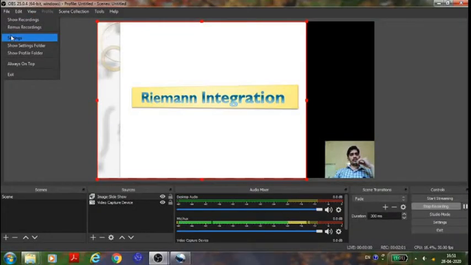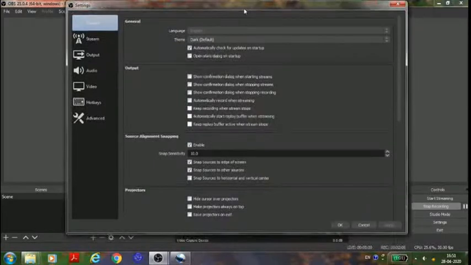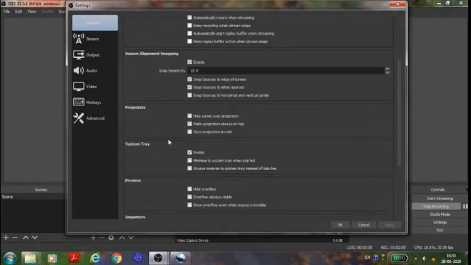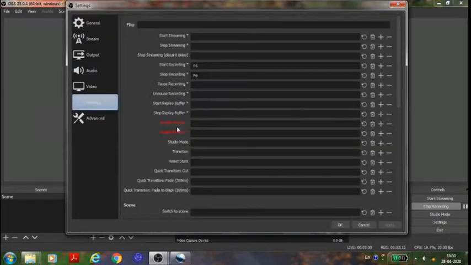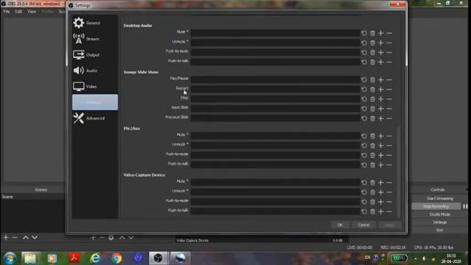I have to assign some hotkeys to move forward and backward through these slides. So go to settings, files, click on settings, and here it is hotkeys. Go to image slideshow, and here it is next slide.